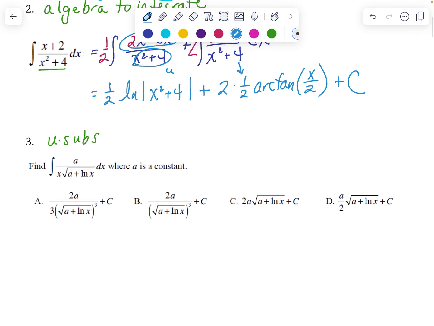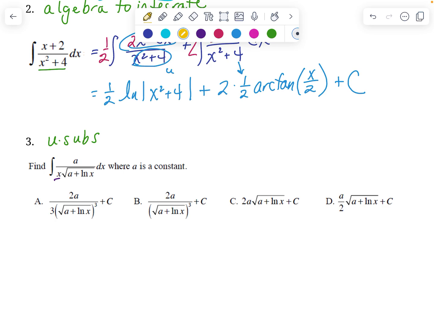Number 3. On this one, I am noting that a is a constant. And I am noting that this looks like maybe it would be a convenient u substitution, right? If I take the derivative of natural log of x, I get 1 over x, and I have a 1 over x kind of hanging out here.